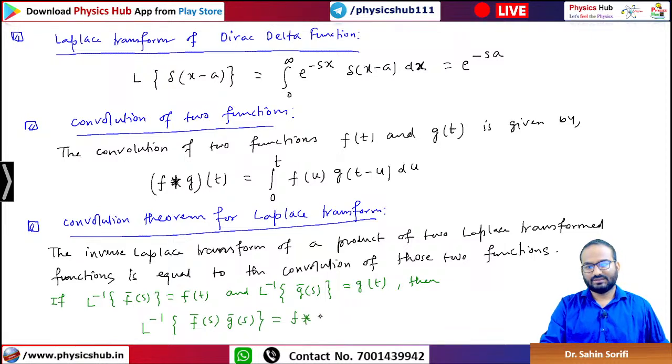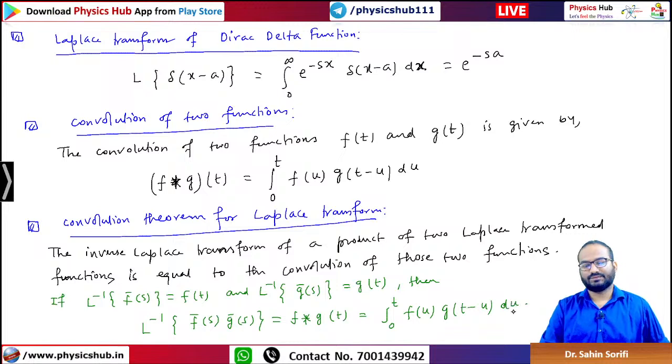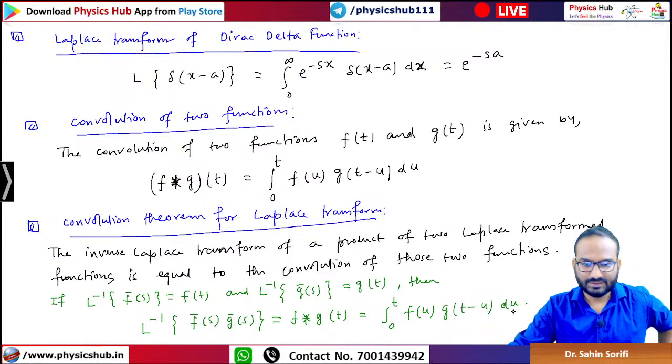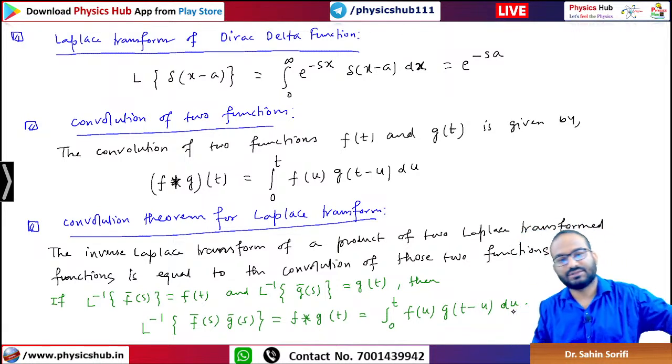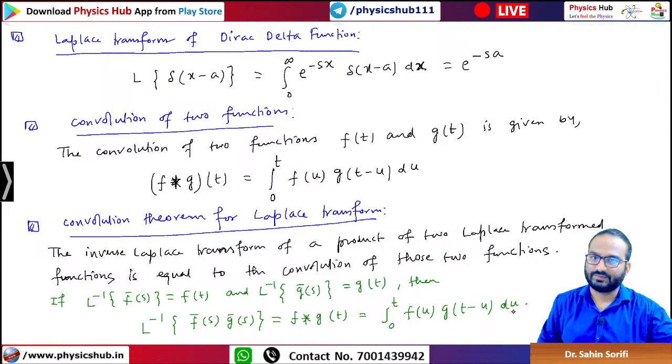So f star g of t equals the integral from 0 to t of f of u g of t minus u du. So this is the mathematical form of the convolution theorem for the Laplace transform.